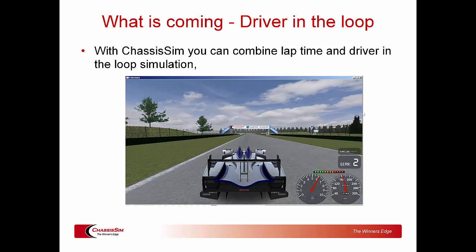So this way, you've got complete confidence that what you've been tuning with the lap time simulation, shaker rig, and track replay is what you're going to be tuning with the driver in the loop, and ChassisSim Elite will interact quite nicely with this toolbox.